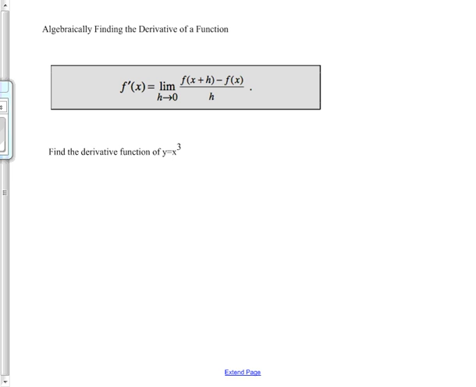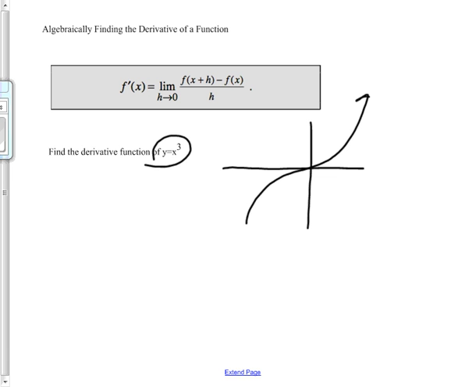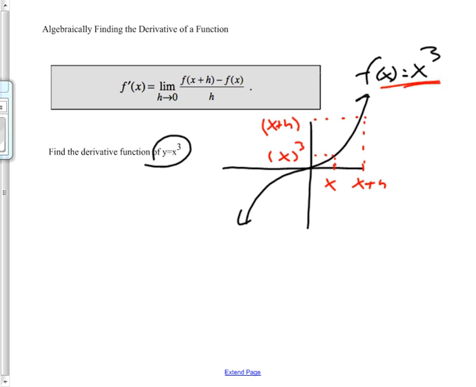So now we're finding the derivative of y equals x cubed. Just for review, y equals x cubed looks like this. We're choosing some point, in general, some point x, which corresponds to x cubed, given my function is x cubed, and another point, x plus h, which corresponds to x plus h cubed. And we're finding the instantaneous rate of change between them.